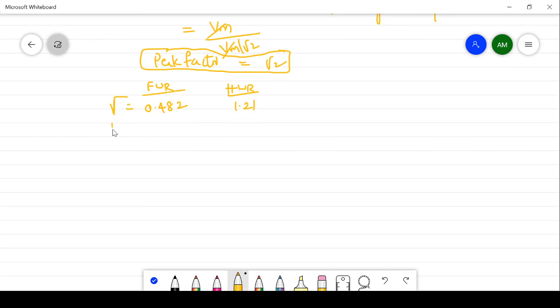Efficiency is also increased here, 81.2% here, 40.6% there. Transformer utilization factor is also increased: 0.573 here, 0.237 for the half wave rectifier. Next, peak inverse voltage is 2 Vm for the full wave rectifier and Vm for the half wave rectifier.